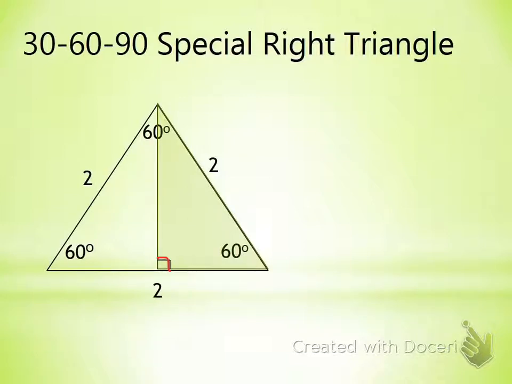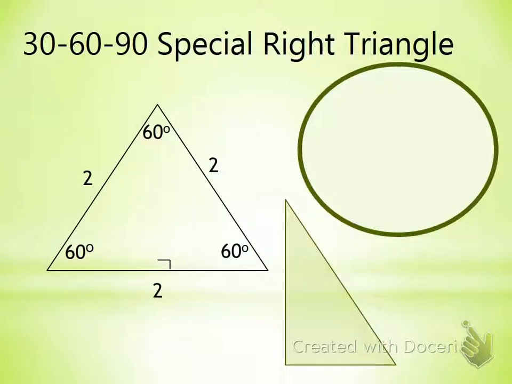Okay? Now, what we can do is pull that right triangle out from that equilateral triangle, right? So that you get this guy right here. And when you do that, we're going to bring side lengths over. So I'm going to bring measurements over. This 60 degrees would fit here.